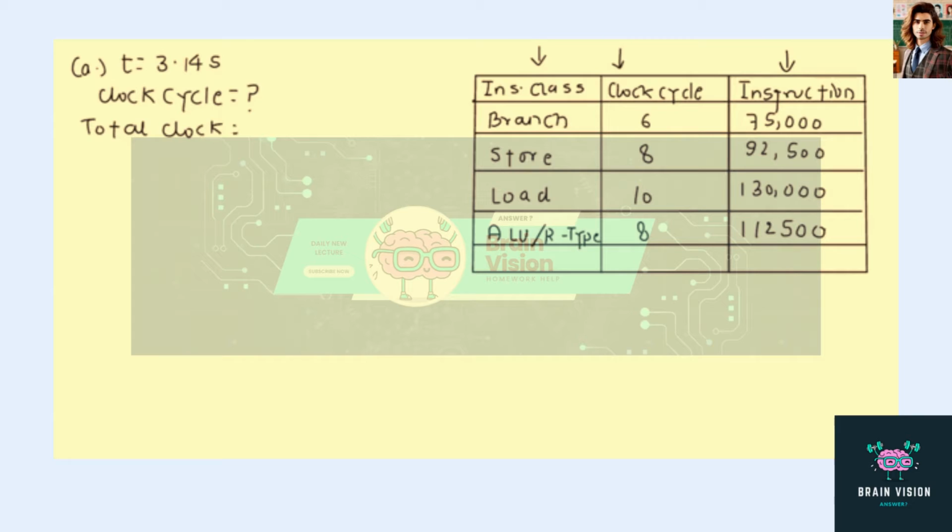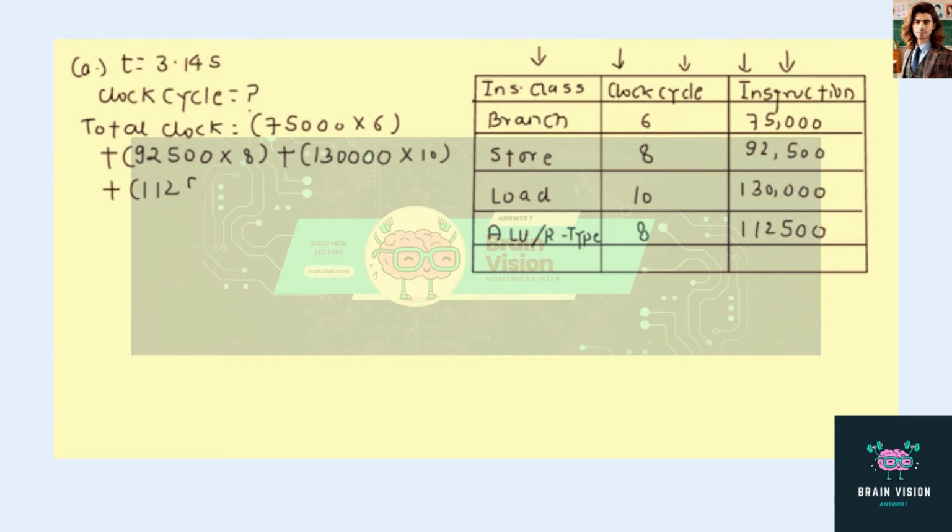This is the clock cycles per instruction which has been given, and here we have the total number of instructions, so we need to multiply. 75,000 multiplied with 6 plus 92,500 multiplied with 8 plus 1,30,000 multiplied with 10 plus 1,12,500 multiplied with 8. So the total clock comes out to be 33,90,000.